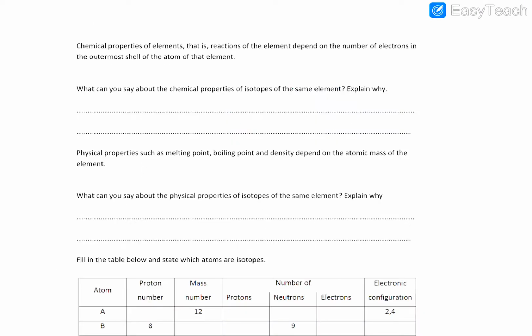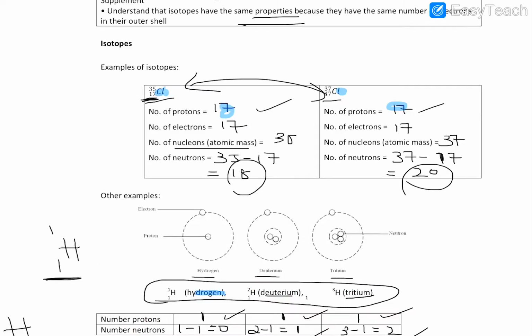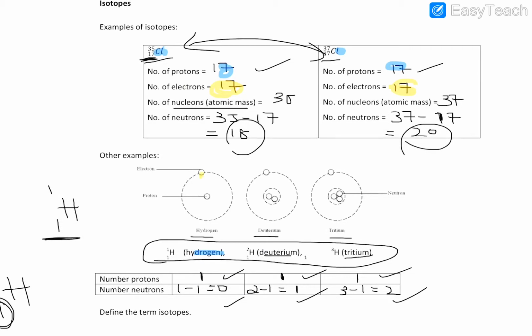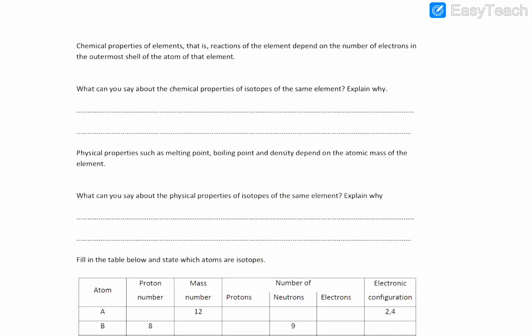Now, chemical properties of elements, that is reactions, depend on the number of electrons in the outermost shell of the atom of that element. If you look at the number of electrons over here, 17, 17, and here 1, 1, 1, it means that isotopes have the same number of electrons in the outermost shell, which means that the chemical properties will be the same.